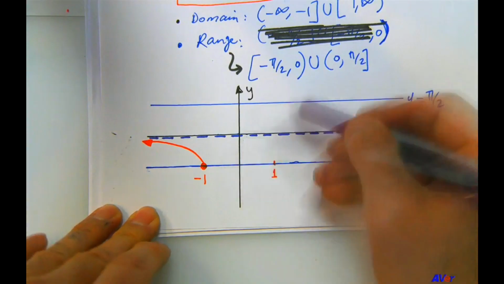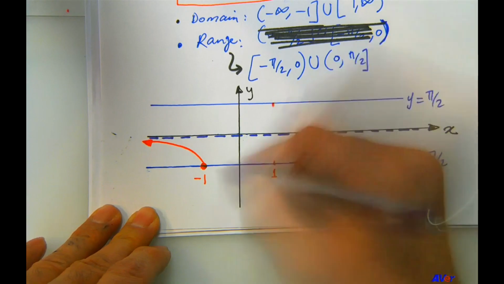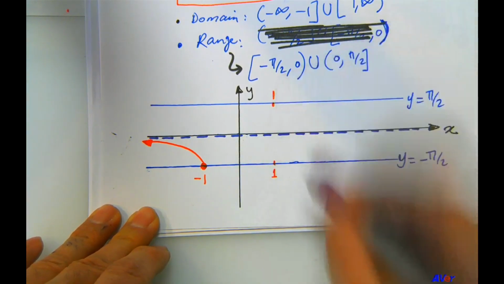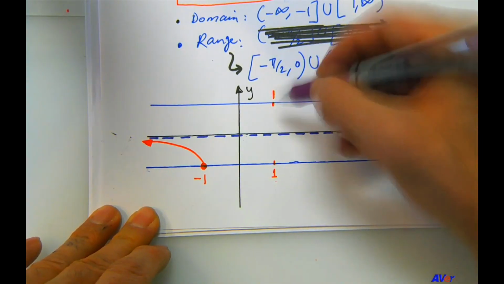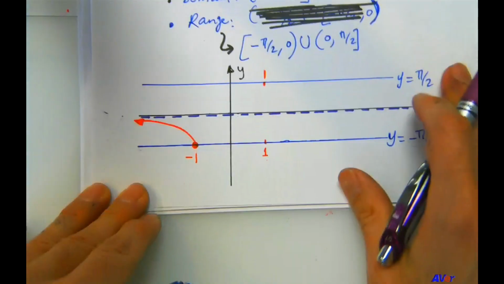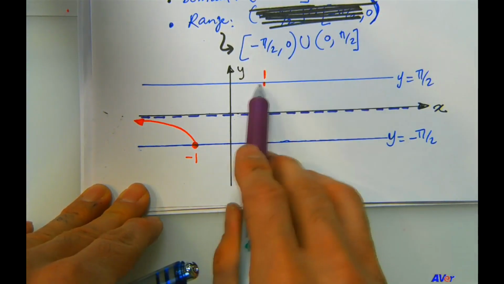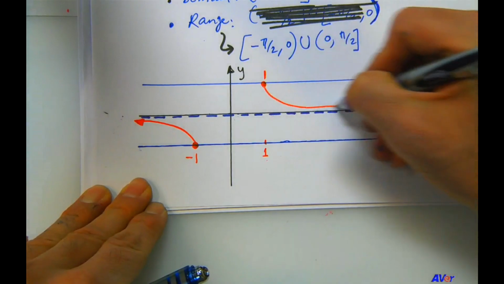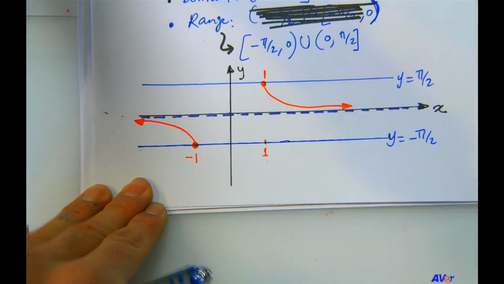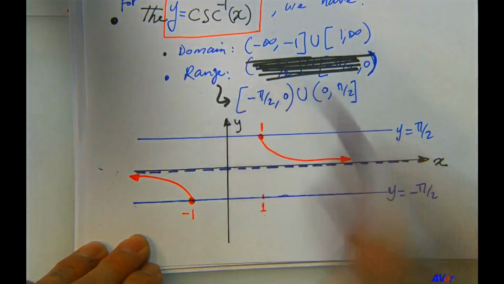The other piece should be on the other side, where x equals 1, and that's 1 to positive infinity. This is our horizontal asymptote, but we can be on the y equals pi over 2 line. So our line has to start from here and go this way, like that, and that is the 1 to infinity portion of this domain.